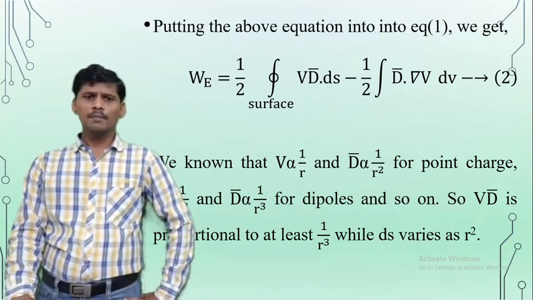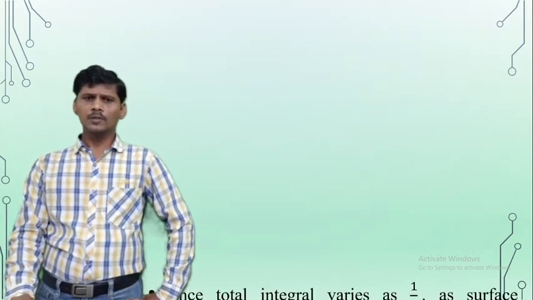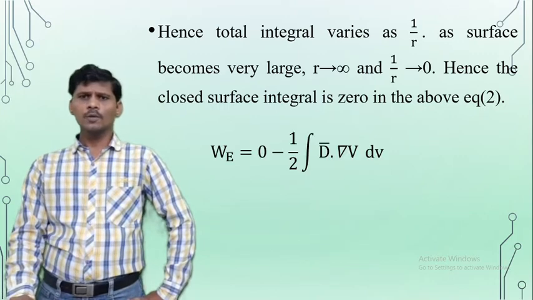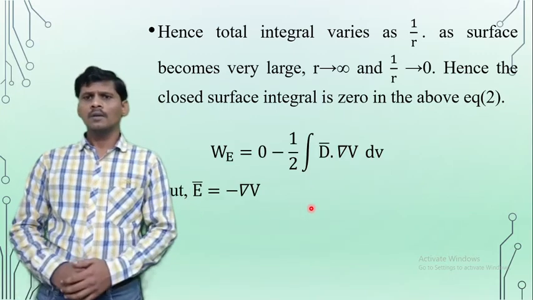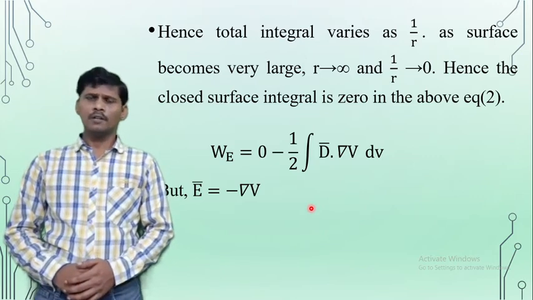Therefore, the remaining term from equation number 2 is W equals minus 1 by 2 volume integral of d bar dot del V dV.